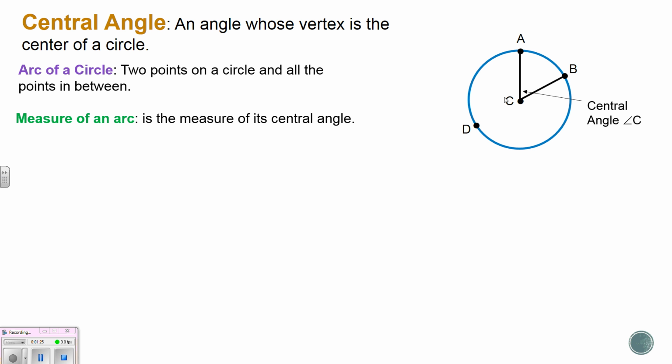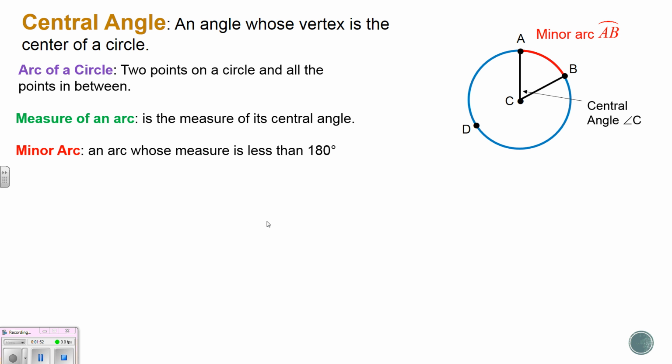So if I look at arc AB and I connect these 2 endpoints of the arc to the radius, I end up getting the central angle. This central angle relates to this arc AB. And that relationship is that the measure of that arc is the same as the measure of the central angle. So you'll see that here in a second as an example.